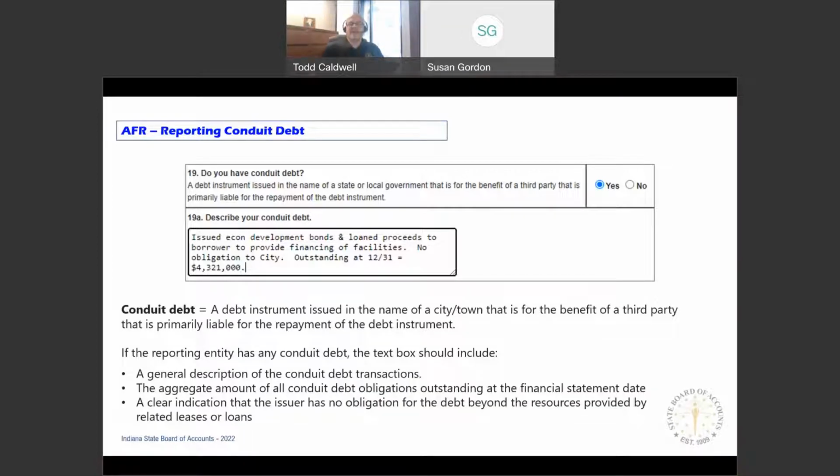So keep in mind, conduit debt is an instrument used in the name of a city or a town that's for the benefit of a third party that is primarily liable for the repayment of that debt instrument.